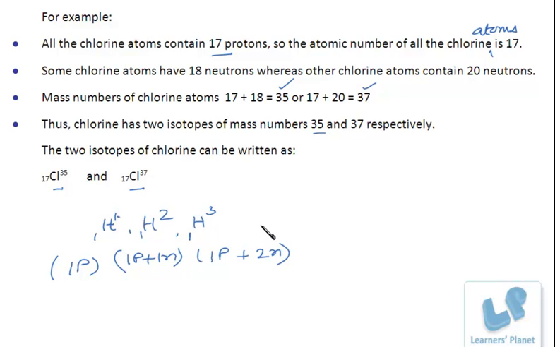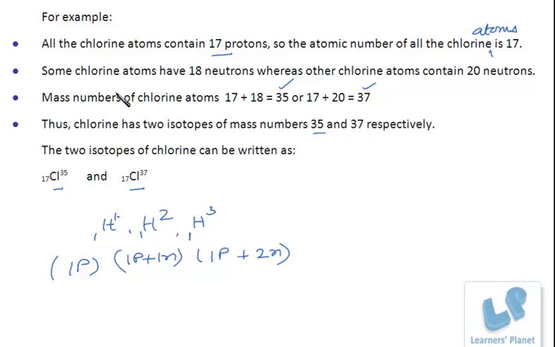Now in hydrogen gas there are 3 isotopes present. Likewise, there are many elements which are a mixture of isotopes. And there are elements also which do not have any isotope, right?